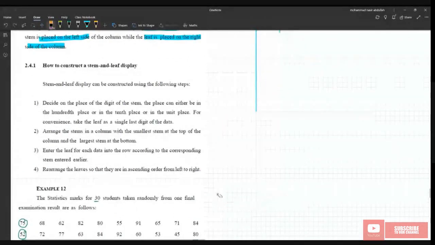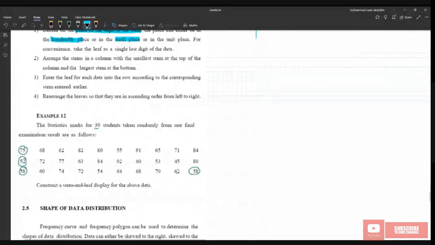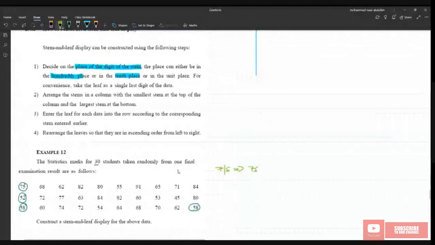So now let's look at the procedure to construct a stem and leaf, right? First, we need to decide the place of the digit of the stem, right? Either it can be hundreds place or tens place. For this example, we chose earlier: for 75, we take 7 stroke 5 to represent 75, right? It says for convenience, take the leaf as the single last digit of the data.